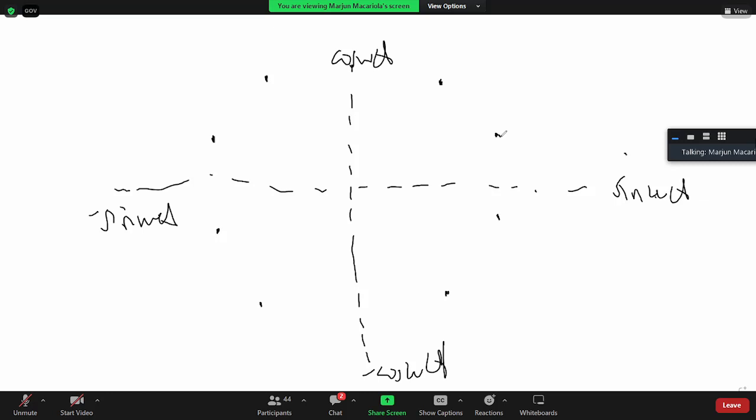Then ilagay nyo yung kanilang tri-bits: 110, 111, 011, 010, 000, 001, 101, 100. So, yan ang iyong constellation. That is letter C.